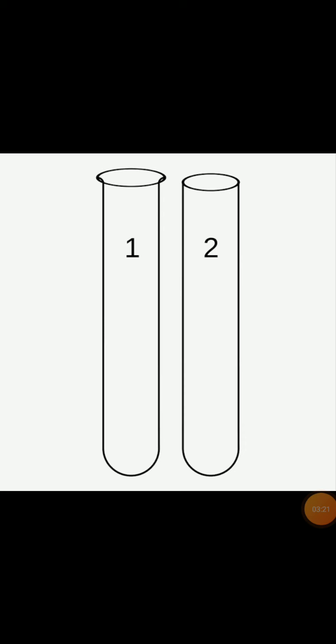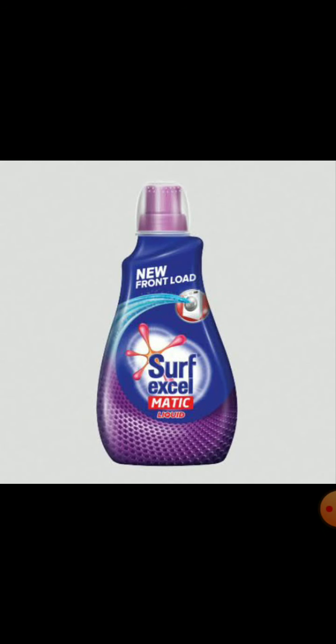Now let us understand another activity, activity 4.12. Again we will need two test tubes in which we take 10 ml of hard water in both. We can take hard water from a tube well or a hand pump. In one test tube we add 5 drops of soap solution, and in another test tube 5 drops of detergent solution.